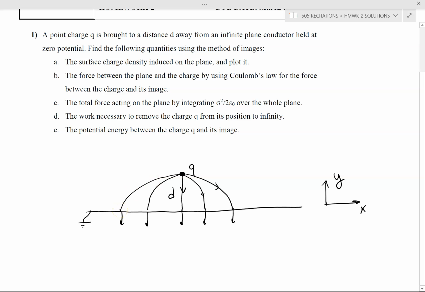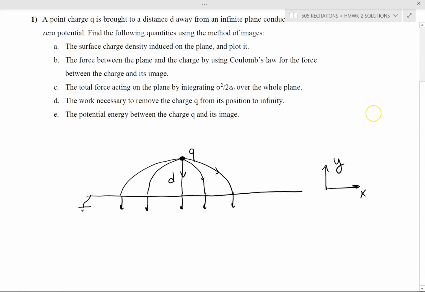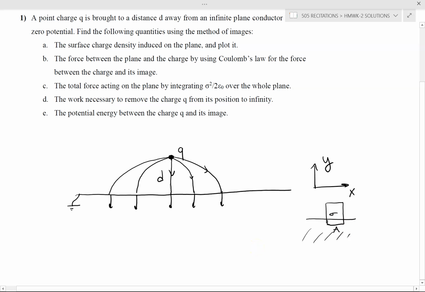How can I determine the surface charge density, given that the E field is distributed in this fashion? Remember, on the surface of a conductor, if there exists a Gaussian surface defined as follows, since there is no E field along here, let me put a dummy variable of area A.